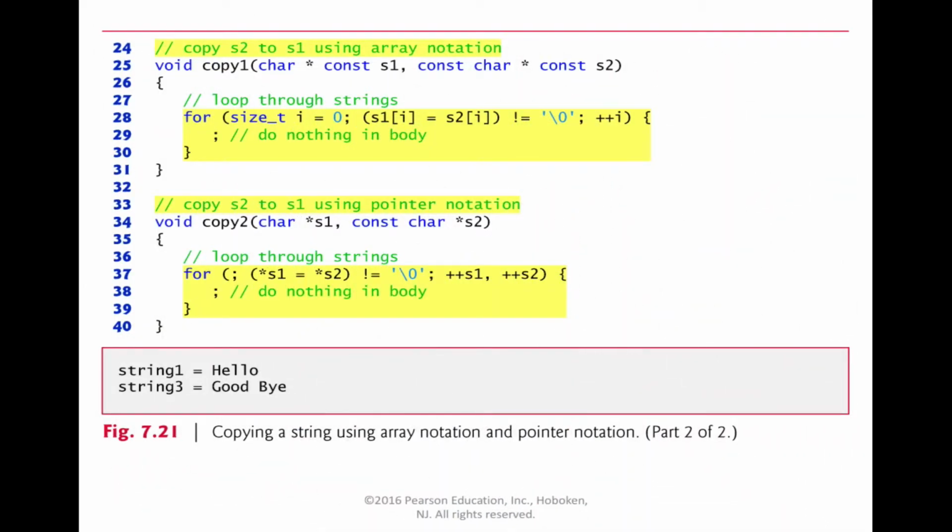So for copy 1, we're going to loop through the string. And we're not going to do anything inside the body. Basically what we're doing is assigning the index from string 2 to string 1.